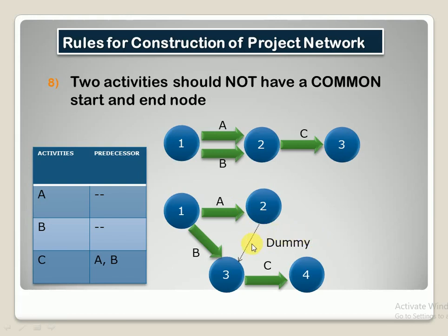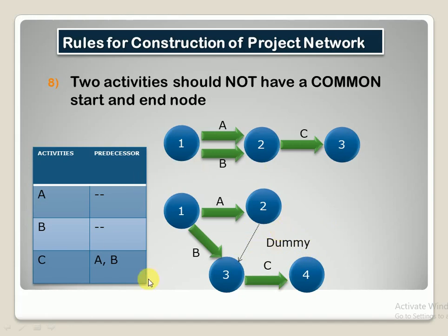The dummy line is pointing towards 3. Then from 3, another activity is started and it's ending at 4. This way, you can complete the whole project network by showing the dummy activity line, right? Because no activity is being done there, you can draw a dummy activity line just to make the whole project complete.